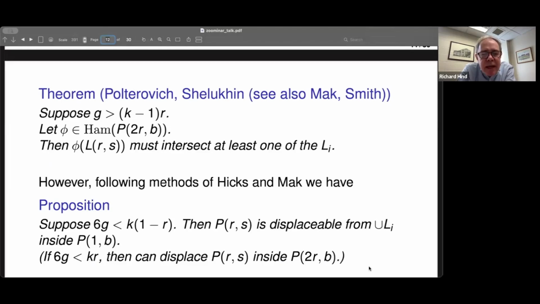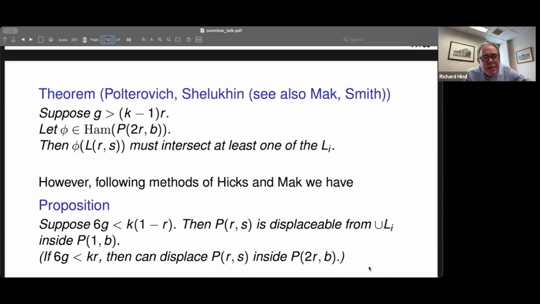They said if G is big enough, so I'm imagining here, the larger that overlap area is, the harder it's going to be to get an extra Lagrangian in the polydisk. So if G is big enough versus R, then there's this other hypothesis. They're using Floer theory eventually.